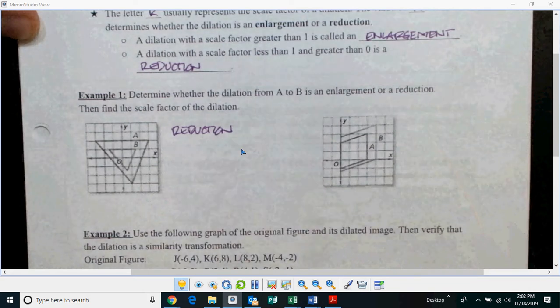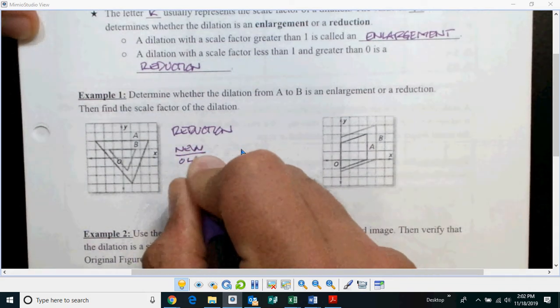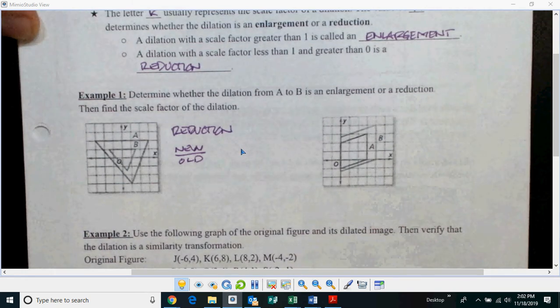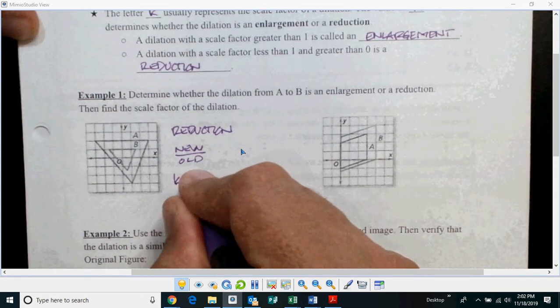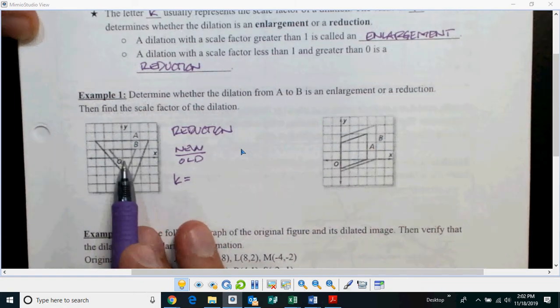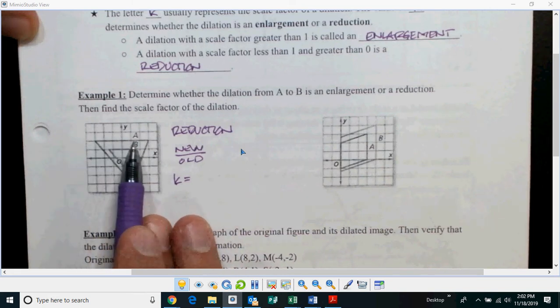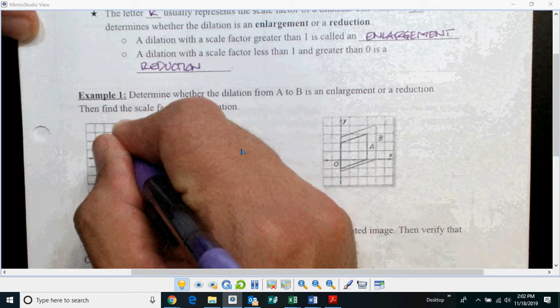Our scale factor is always the new distance over the old, image over pre-image, image over original. When it's laid out on a grid like this, we can just count squares. This horizontal piece on the original is the easiest: 1, 2, 3, 4, 5, 6 units long. So that's 6.